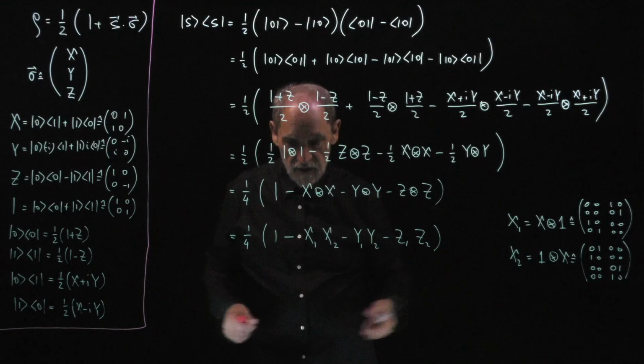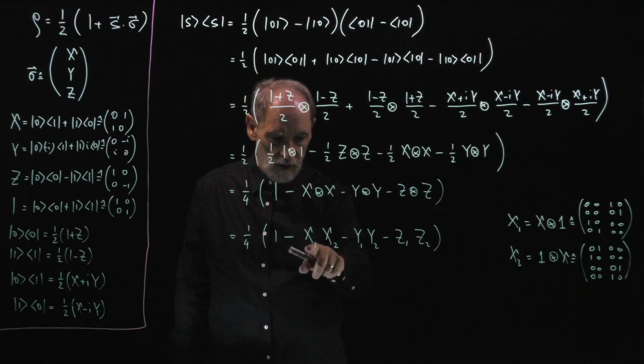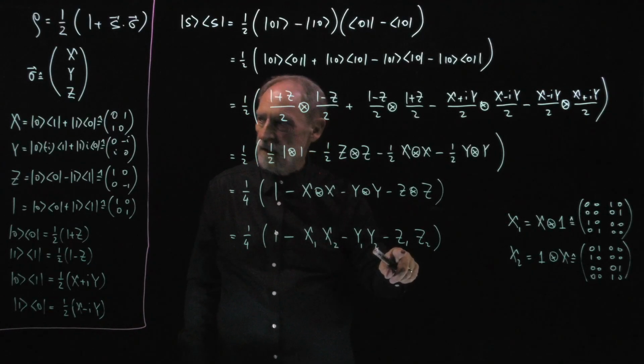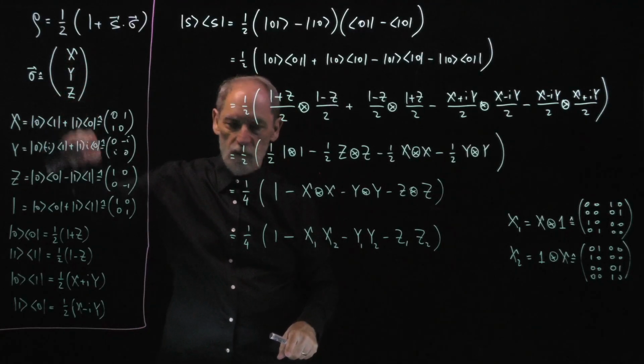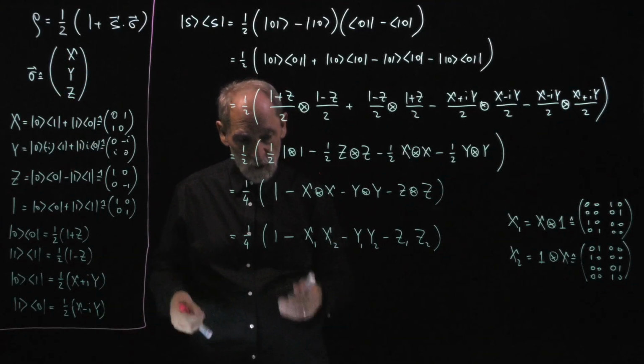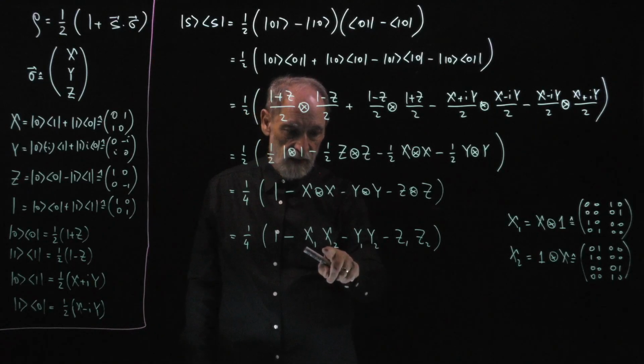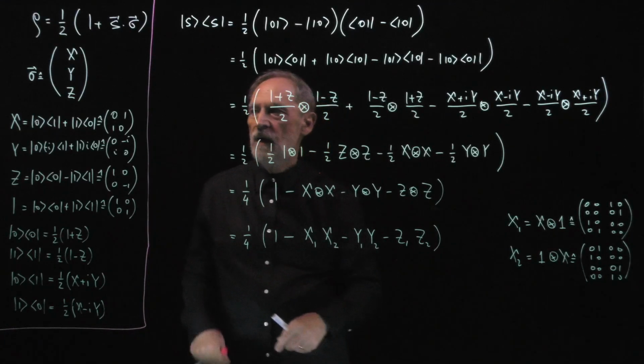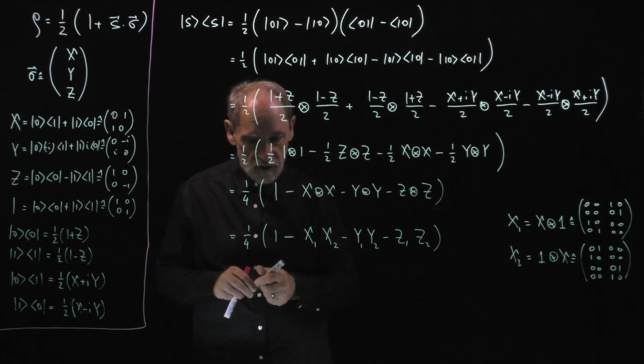Now this is very, very suggestive because x1, y1, z1, well, they should just make up the components of the sigma vector operator for the first qubit, and the x2, y2, z2 make up the sigma vector operator for the second qubit.